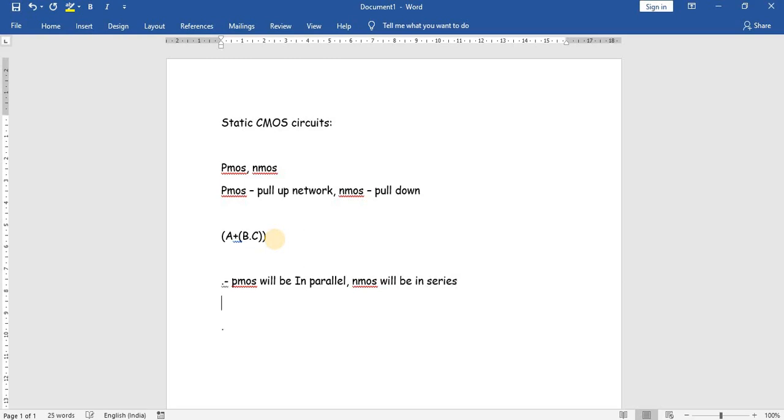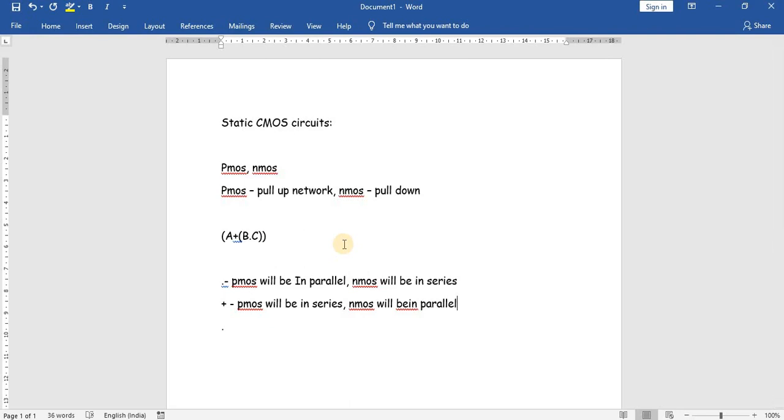Likewise, if there is a plus symbol, then the PMOS will be in series, and the NMOS is complementary, so the NMOS will be in parallel. So this is the basic rule to design basic complex logic functions.